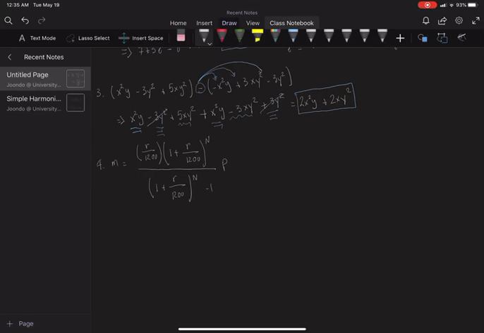If we classify these variables, P is the price in dollars. R is the annual rate of interest.